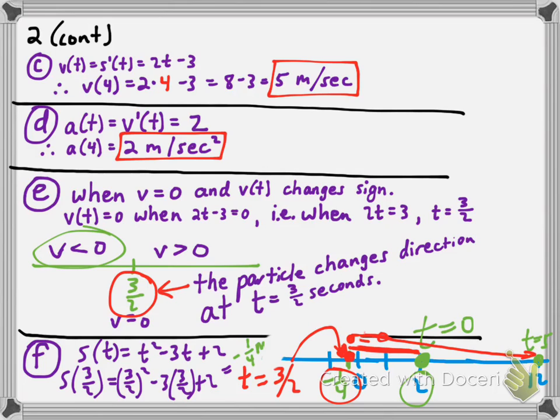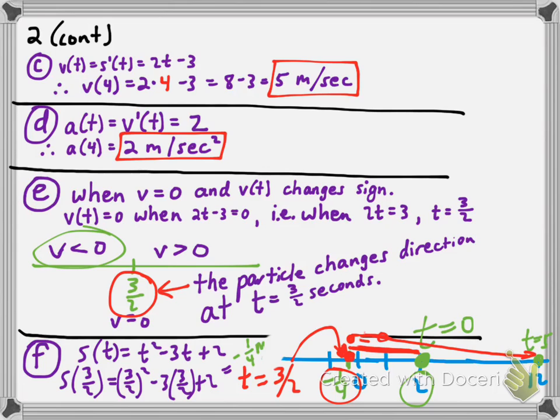Okay, so that's a lot going on there, but it's a super important type of problem that you have to be able to answer. If you can answer this problem, then you can really handle just about anything I throw at you on the test. But be able to explain it though. Be able to understand the movement of the particle along a line, where it is at a certain time, what the velocity is at a certain time, whether the velocity is negative or positive, and what that means.